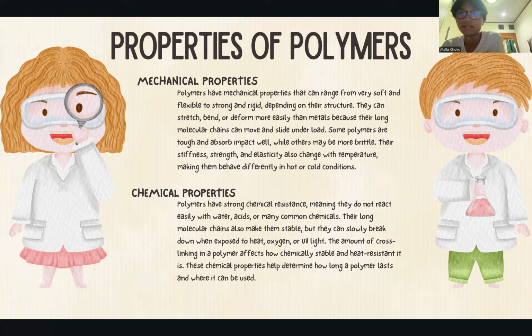They can also stretch, bend, and deform more easily than metals because their long molecular chains can move and slide under load. Some polymers are tough and absorb impact well, while others may be more brittle. Their stiffness, strength, and elasticity also change depending on temperature, making them behave very differently in hot or cold conditions. Next is chemical properties.